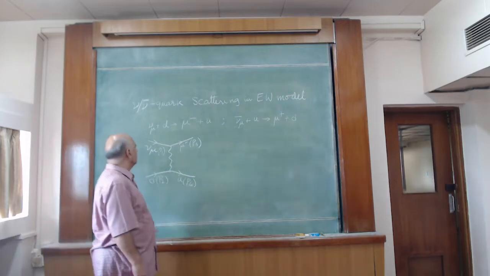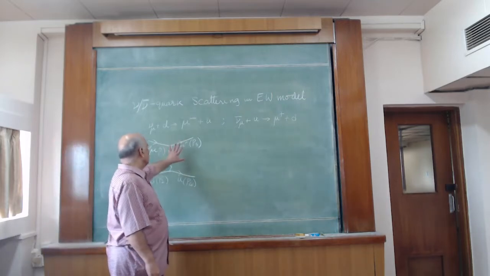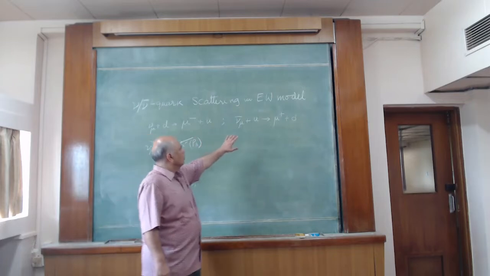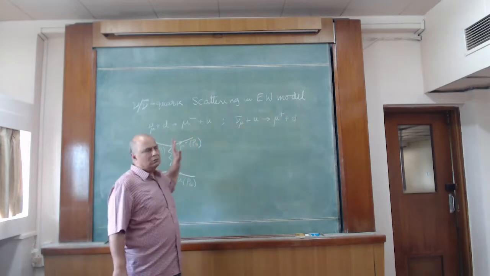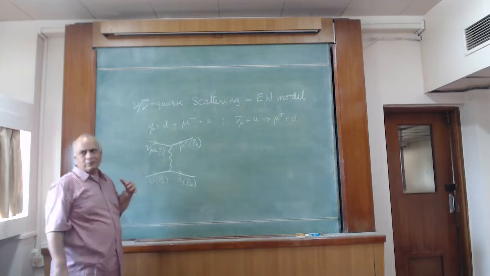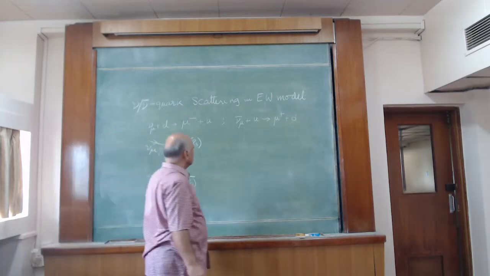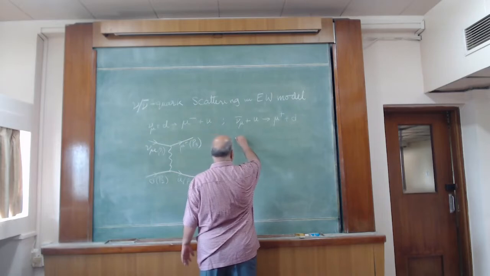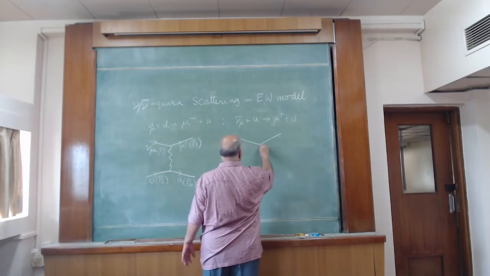In some sense, we can get this by looking at it sort of backwards. But anyway, let me formally draw the Feynman diagram.